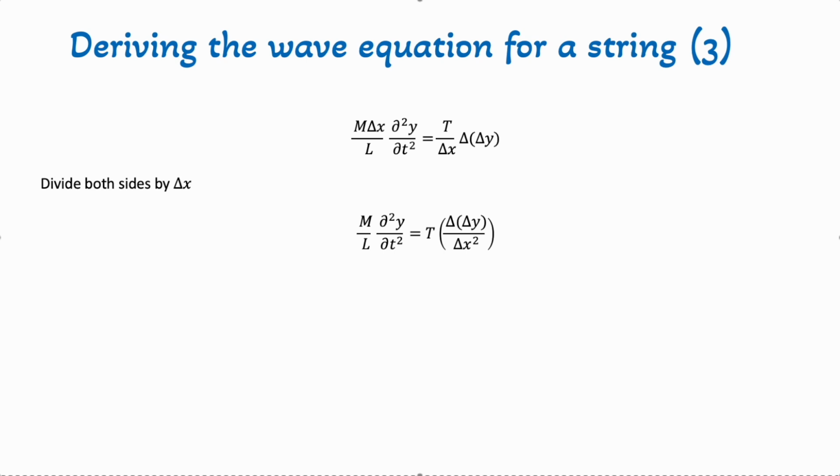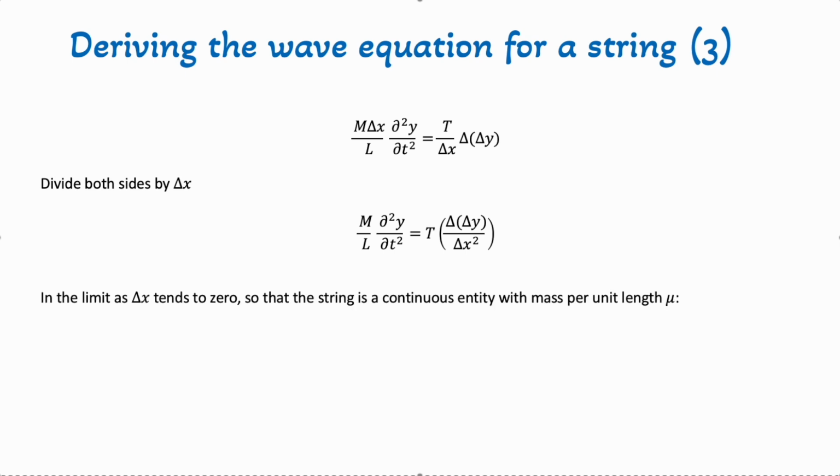And when I do this, what I've got in the brackets over here on the right-hand side of my equation just becomes a partial second derivative with respect to x. So I've got the change in y divided by delta x squared. That is, when I take the limit as delta x tends to 0, that is the very definition of a second derivative. So now I've got this rather beautiful thing.